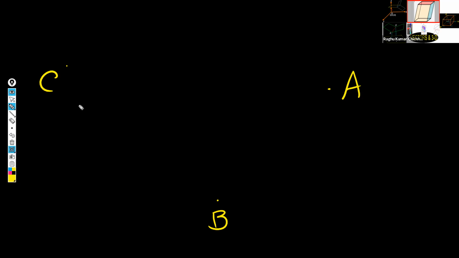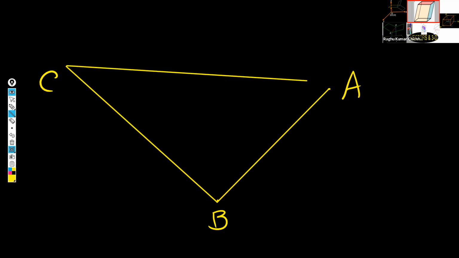Then, do you think that you have to discuss the coplanarity of these 3 points? No need at all. Wherever the 3 points are lying, those 3 points definitely form a plane. So coplanarity is not to be discussed about 3 points. Coplanarity is to be discussed about 4 points.